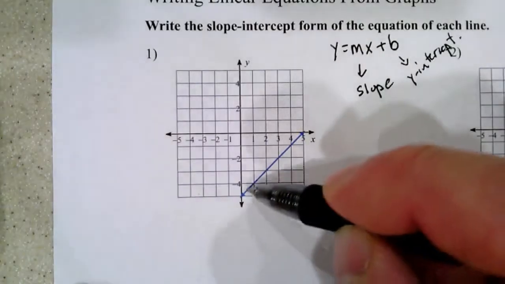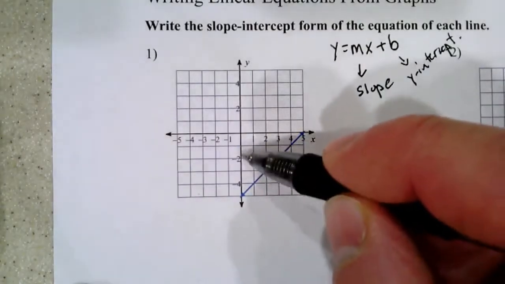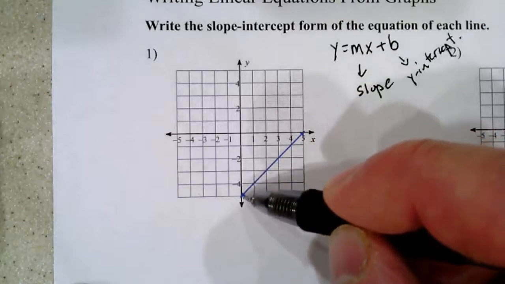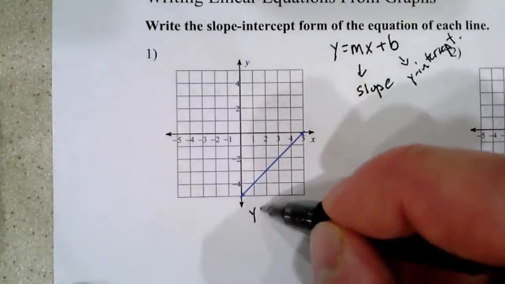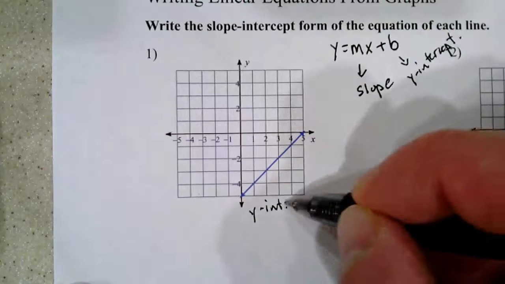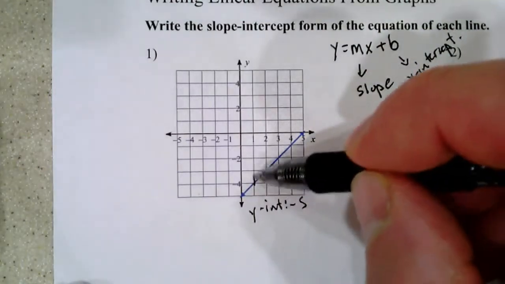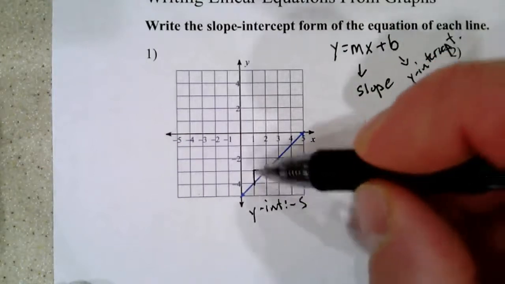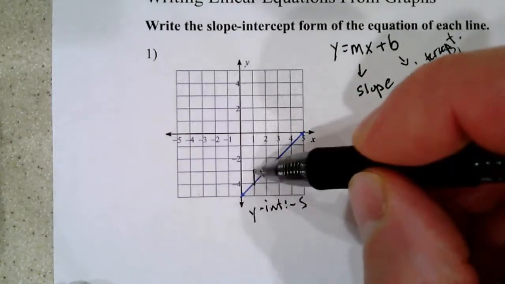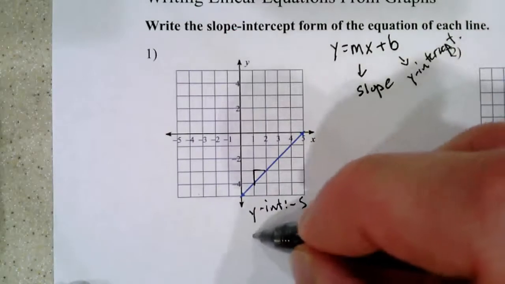Let's start with that. You'll notice here, going -1, -2, -3, -4, -5. The y-intercept appears to be -5, and the slope is change in y, which is 1, over change in x.